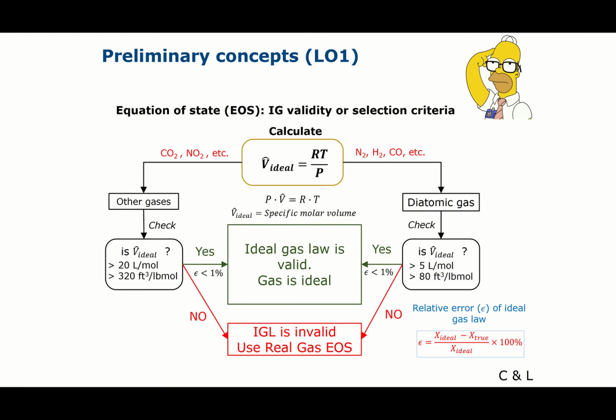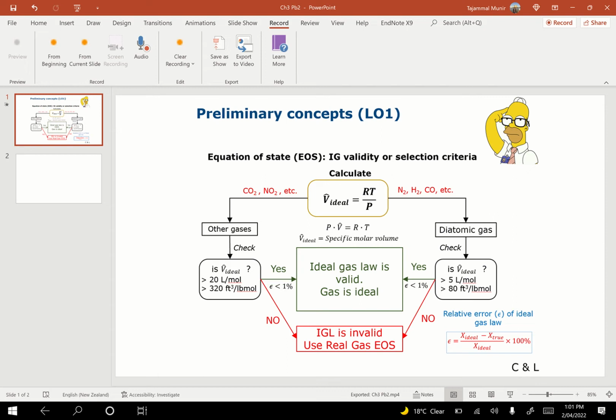If the specific molar volume for other gases is greater than 20 liter per mole, either you use real gas or ideal gas, the difference in answer would be less than 1%, which is negligible. So this is the criteria behind checking the validity of ideal gas, and this is how we decide whether in given circumstances ideal gas law is valid or not.